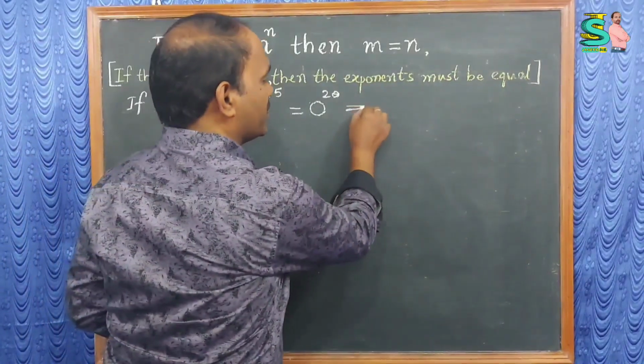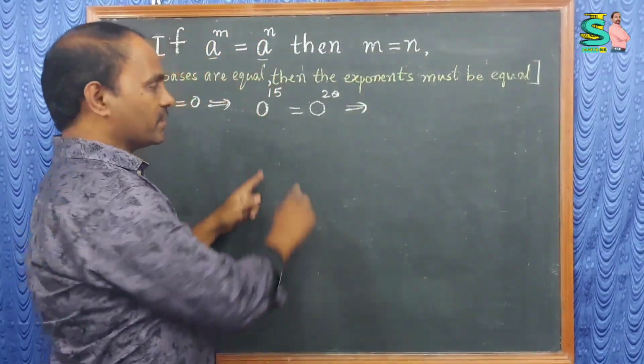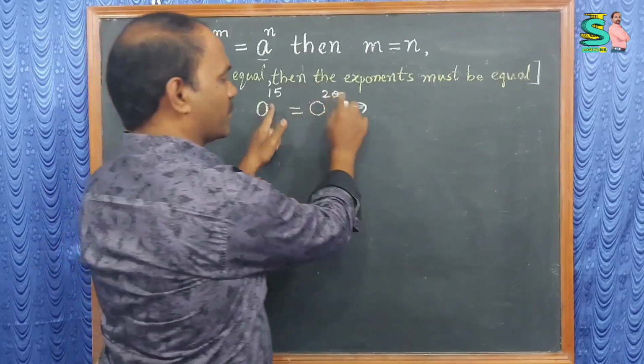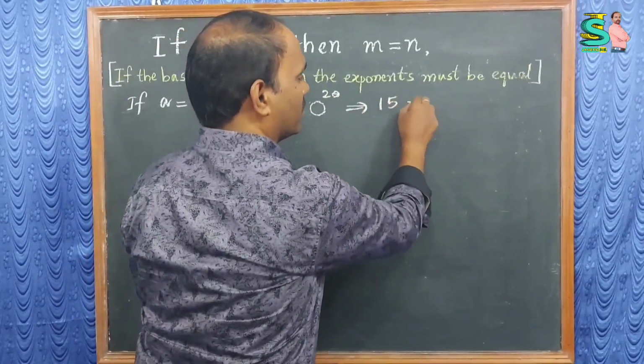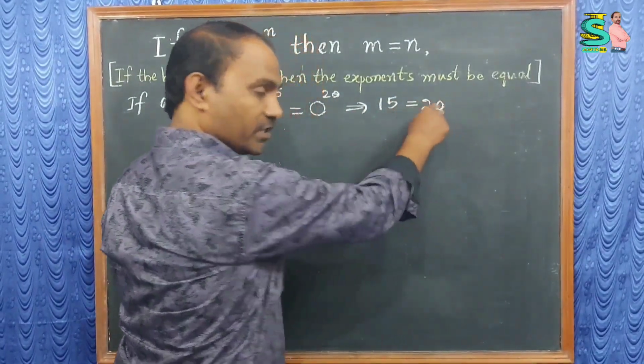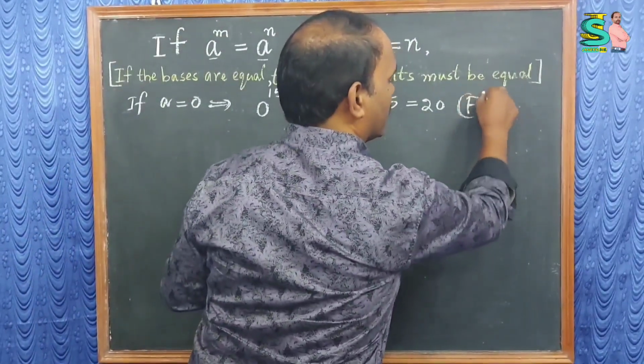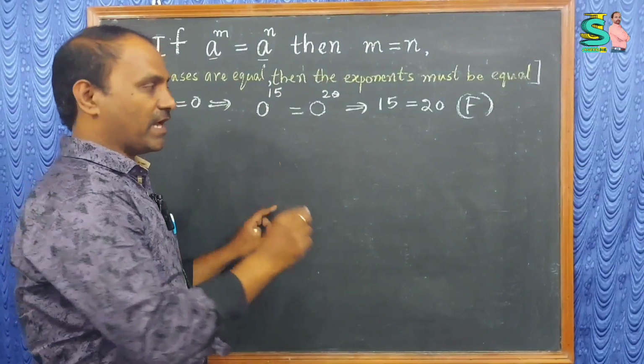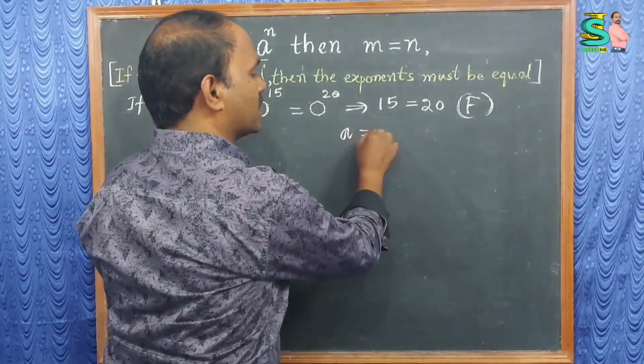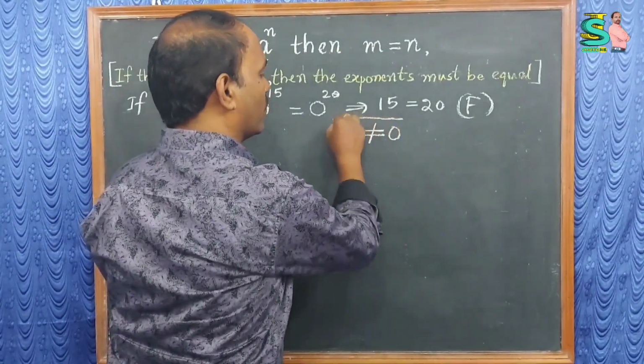Now, from this, what did we get here? Bases are equal, so exponents should be equal. 15 equals 20, is it true? No, this one is false. Means, a value is not equal to 0.